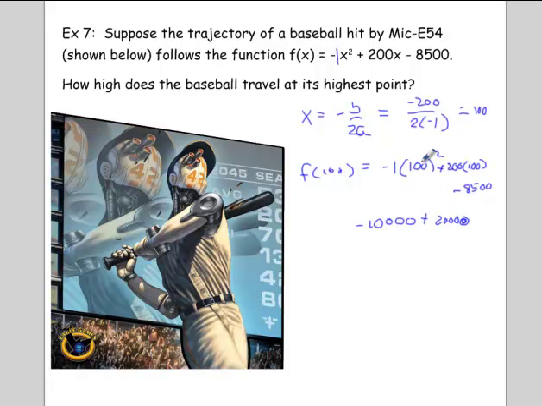And this was just 100 times 100, so I'm just visualizing this, except for there's a 1 there. And then I'll deal with this in a second. So I've got 20,000 minus 10,000, and that's 10,000. Minus 8,500 is 1,500. So this robot baseball player hits the ball 1,500 feet up into the air.